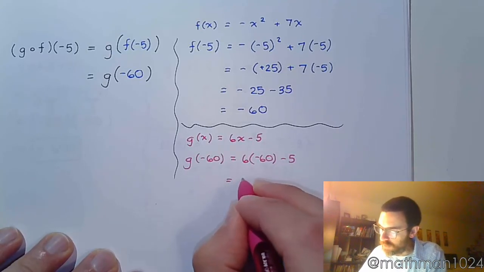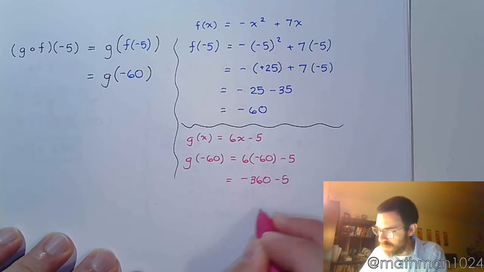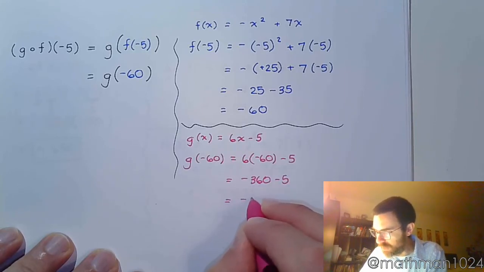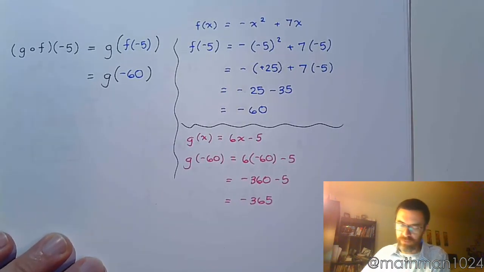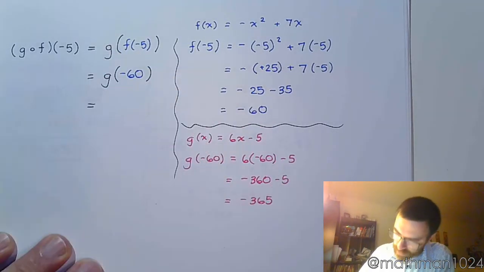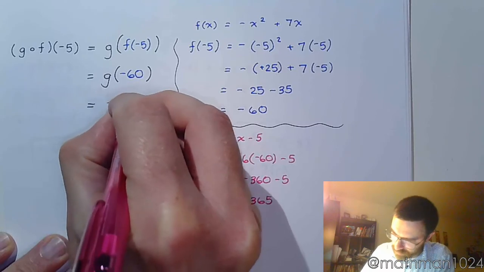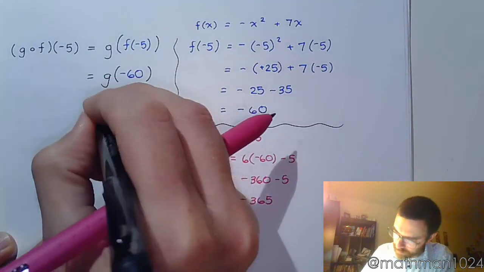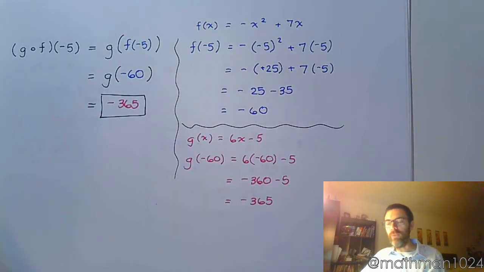All right, so this is negative 360 minus 5. These guys are both negatives. They combine to give me a larger negative. So this is equal to negative 365. So I hope that clears up for you some of the differences between function operations versus function composition.